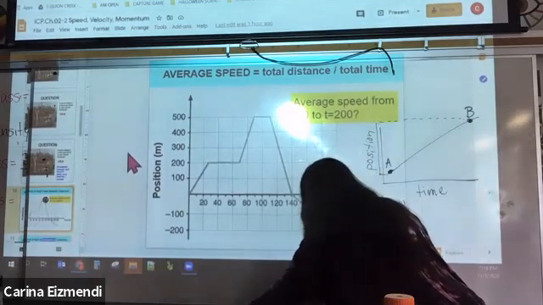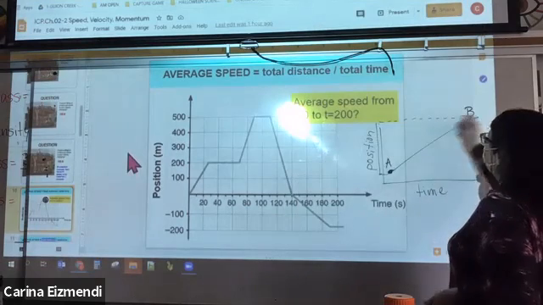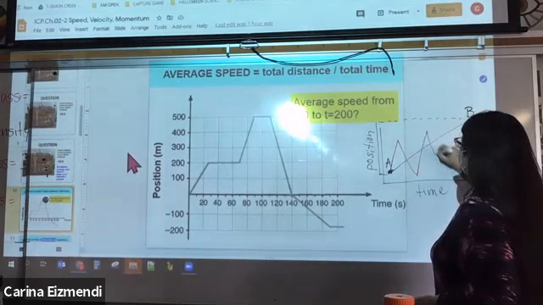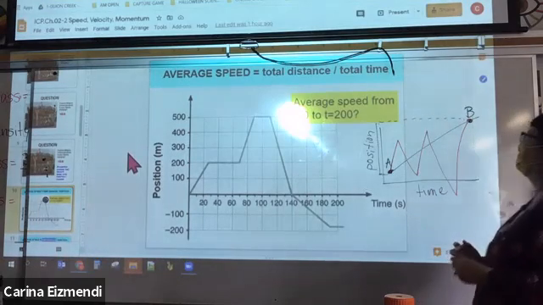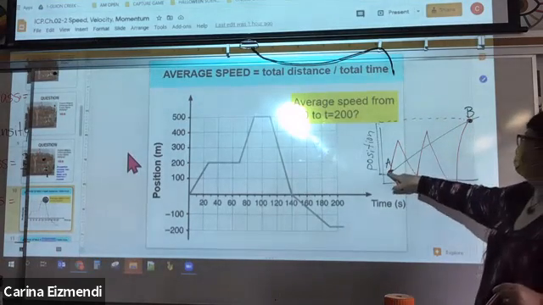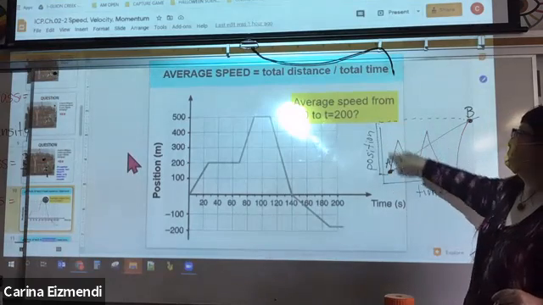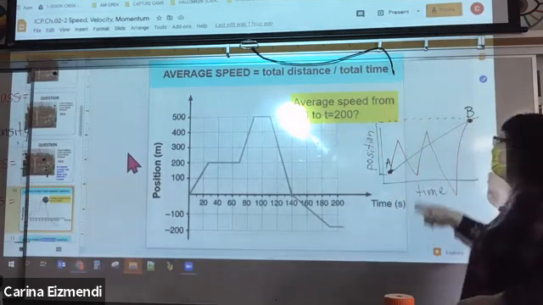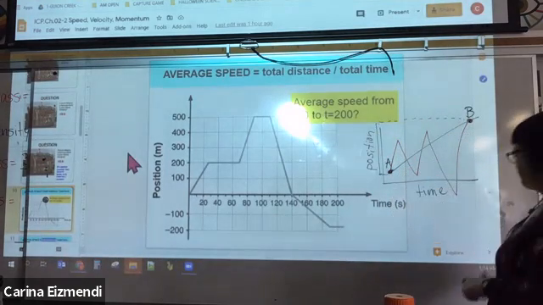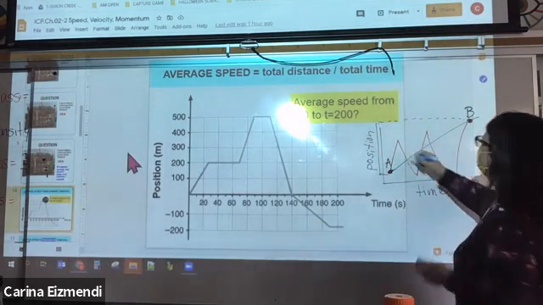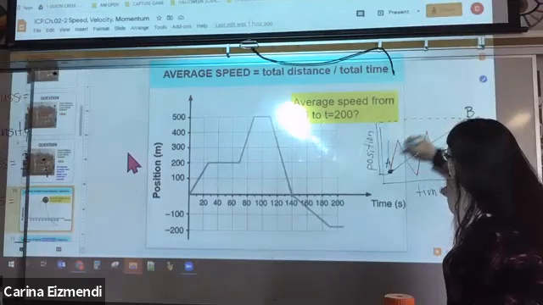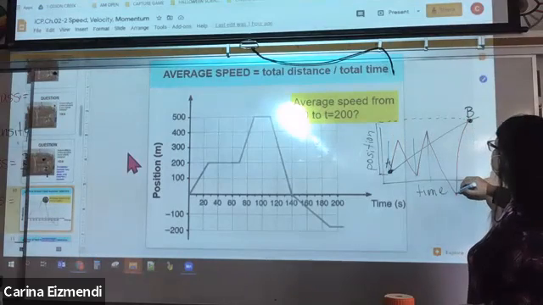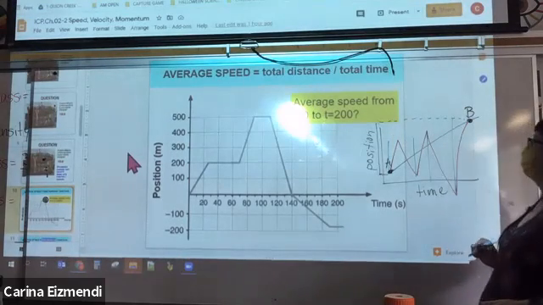But if you have a different path, where it's going like this, there the displacement is still this value here, but the distance is going to be this value plus this value plus this value plus this value.